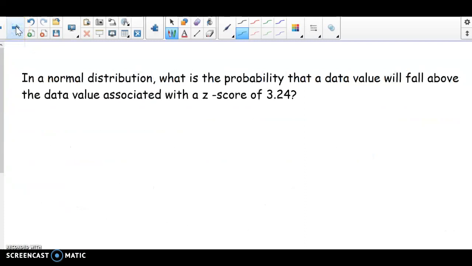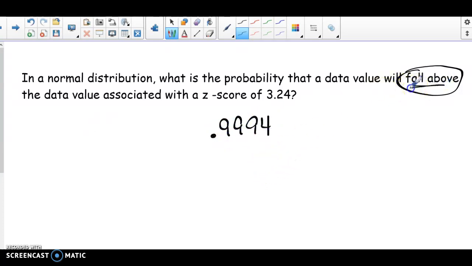In a normal distribution, what's the probability that a data value will fall above the data value associated with a z-score? So we look at the z-score table. You go down to 3.2 and you go over to 0.4, and my z-score is 0.9994.